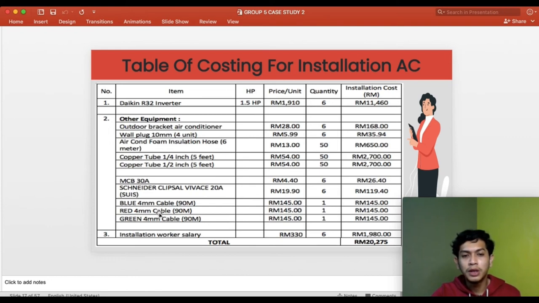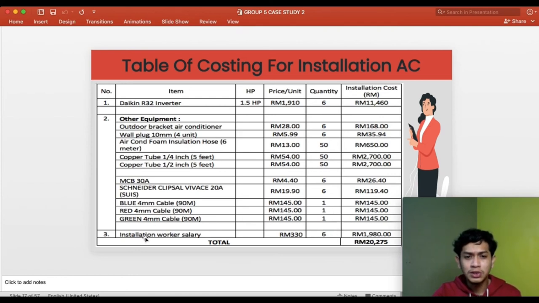So we pick 4mm cable, the diameter, because the aircon uses a higher ampere, so we must pick the 4mm cable. So the cost is 145 ringgit for each cable.